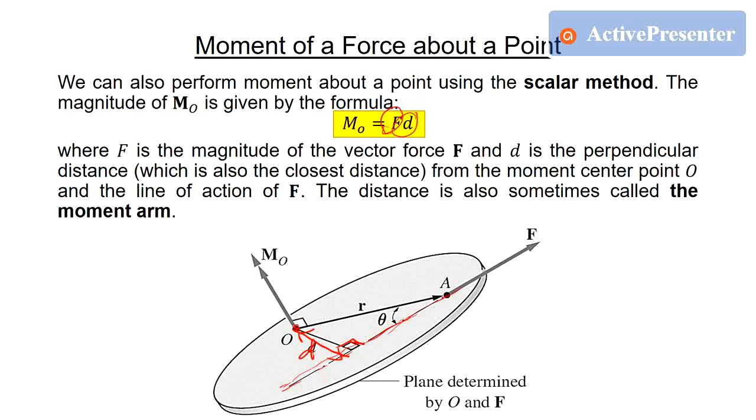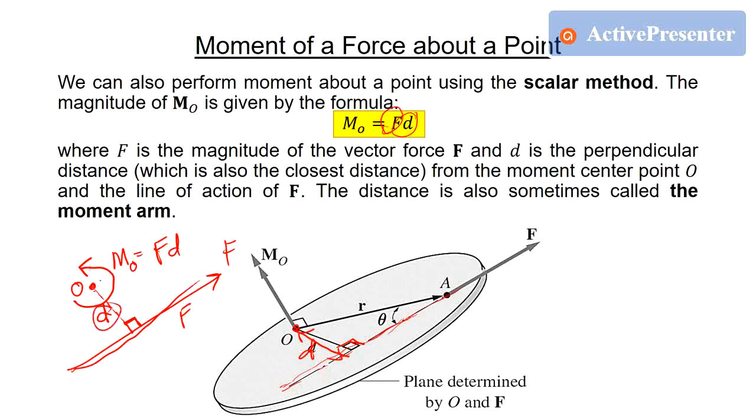It is the shortest because D is perpendicular to F. If we look at the top view, this is a right angle, and this is D. Its moment effect is like this. If this is point O, moment O is equal to F times D, the magnitude of this force times the distance.